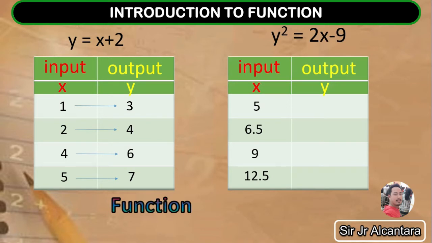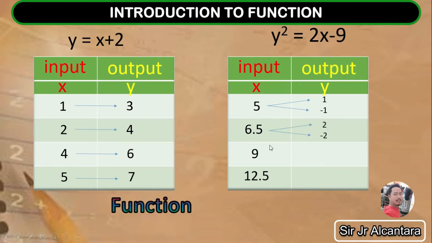Dito naman, y squared is equal to 2x minus 9. 2 times 5 is 10. Minus 9, 1. Square root ng 1, 1 at negative 1. Paano pag 6.5 naman? 6.5 times 2, 13. 13 minus 9 is 4. Square root ng 4, 2 at negative 2.